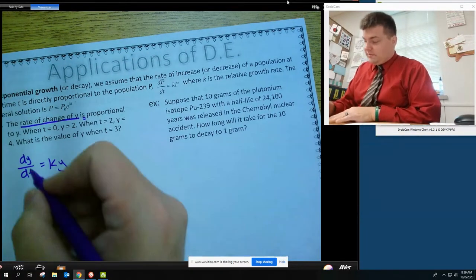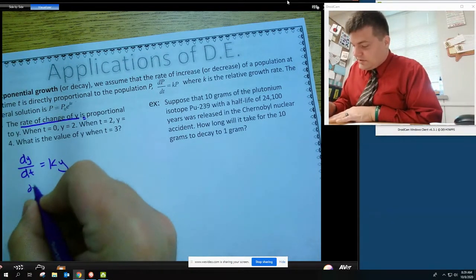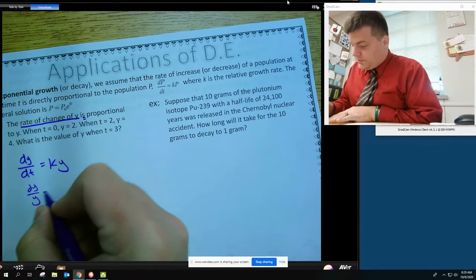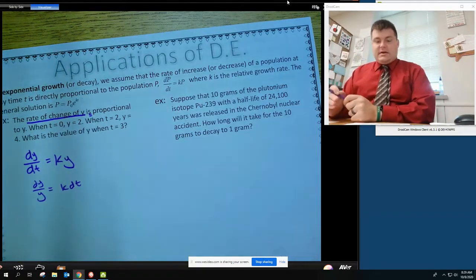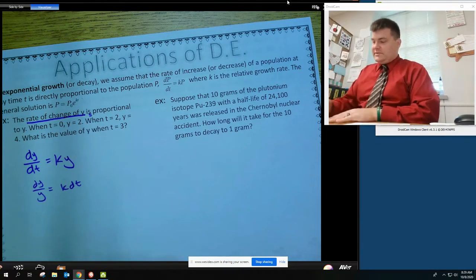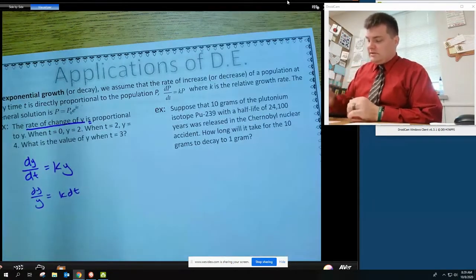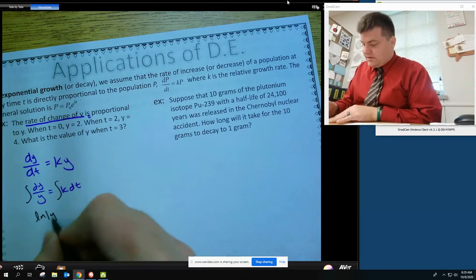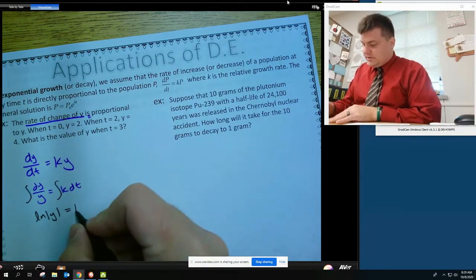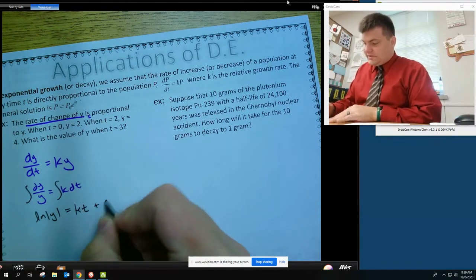I'm going to divide y over, so I get dy over y equals k dt. Then when we take the antiderivative of both sides, I'm going to get ln of y equals kt plus c.